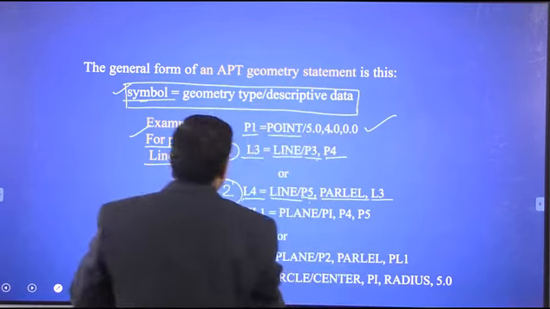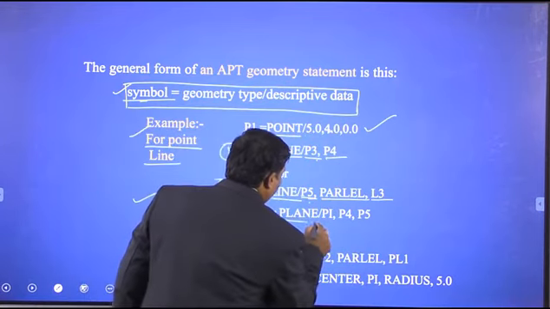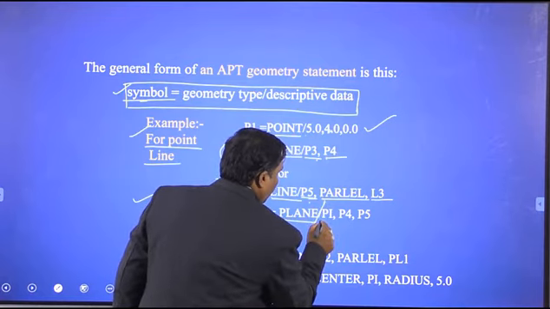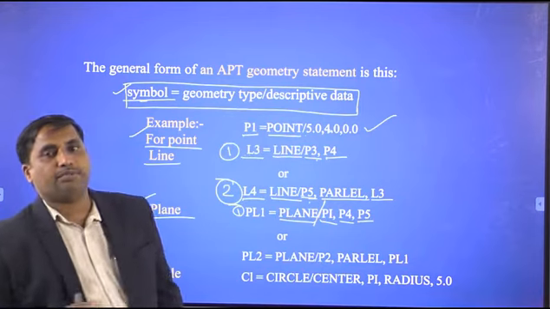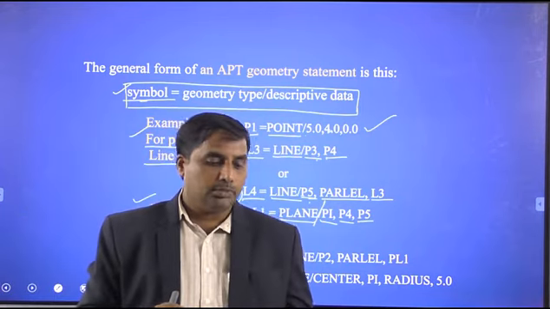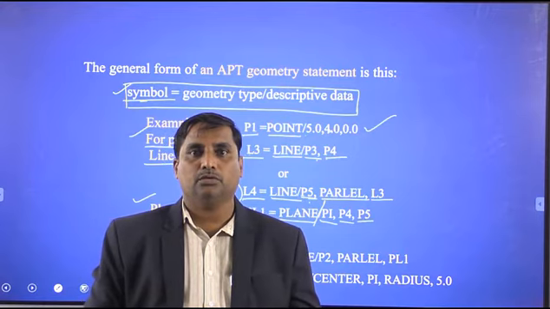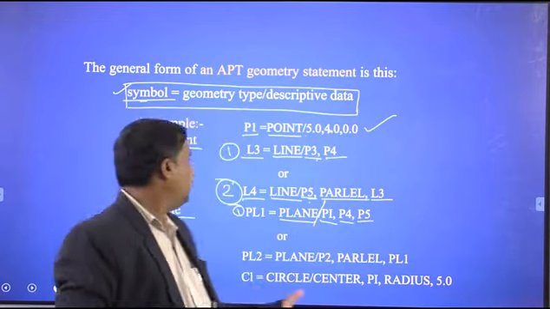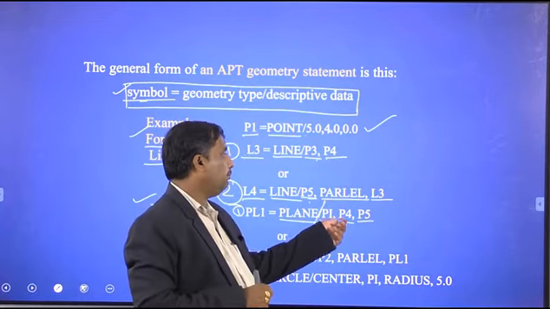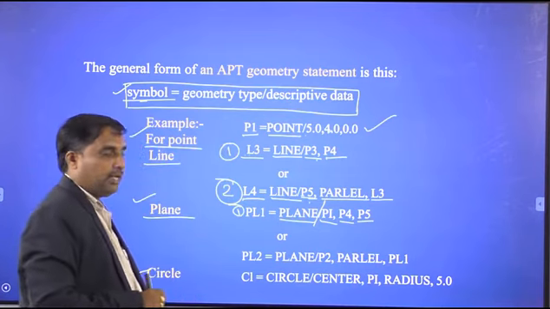Next, the geometry type follows the syntax. The geometry type is plane, slash, passing through P1, P4, P5. That means 3 points are required for a plane. If we have 3 points, we can define the plane which contains those 3 points. Here the points I have considered are P1, P4 and P5. This is one way of defining plane 1.